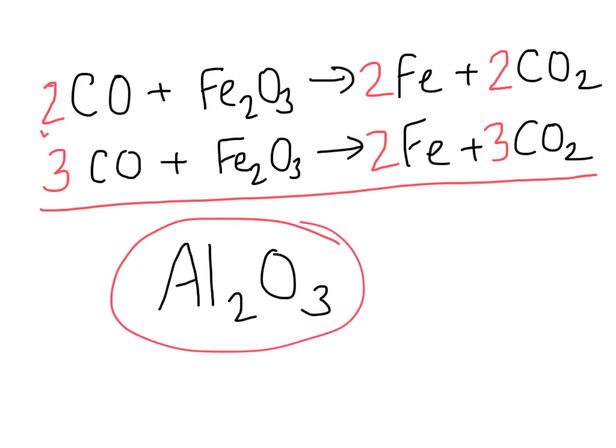And the explanation is based on the reactivity series. We know carbon is more reactive than iron, and so it is able to remove that oxygen, but it is less reactive than aluminum. In other words, aluminum is far more reactive than carbon, so it is strongly attached to oxygen. Carbon is unable to remove that oxygen.